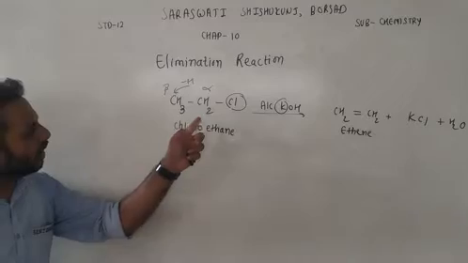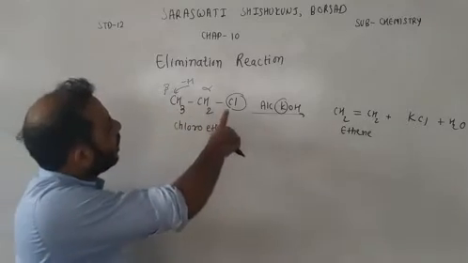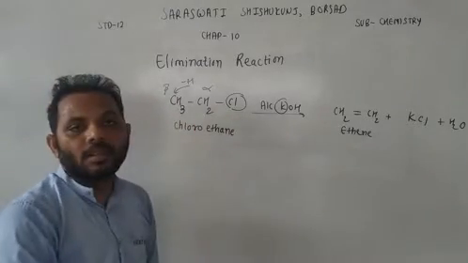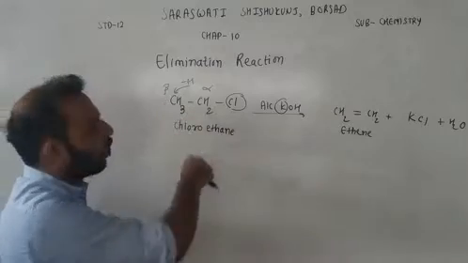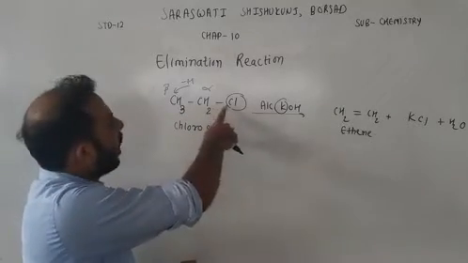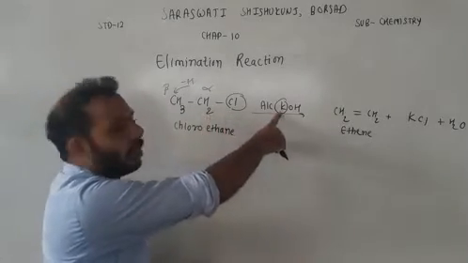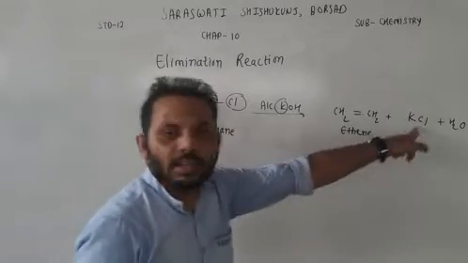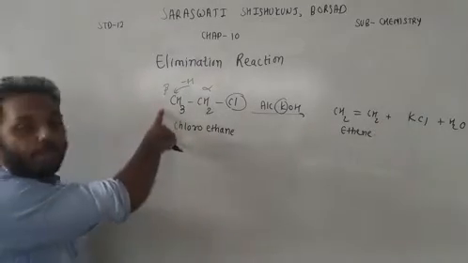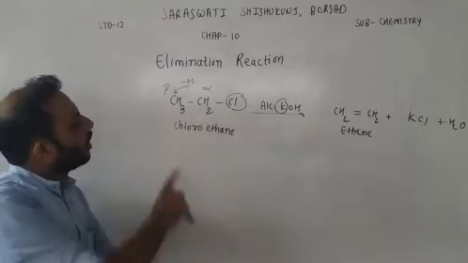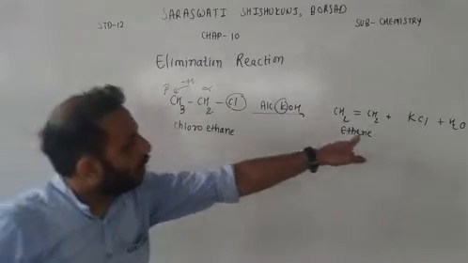You can see here, halogen is removed from alpha carbon, whereas hydrogen is removed from beta carbon. Halogen from alpha carbon combines with potassium and forms KCl. Hydrogen from beta carbon combines with OH and forms H2O.